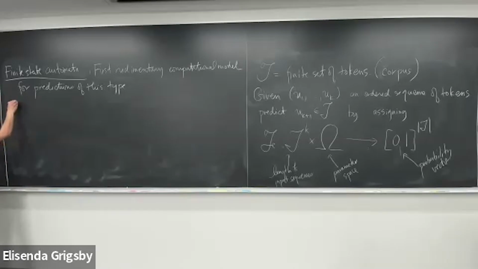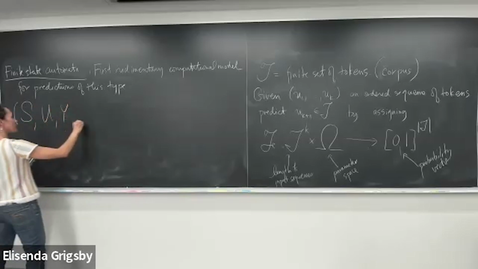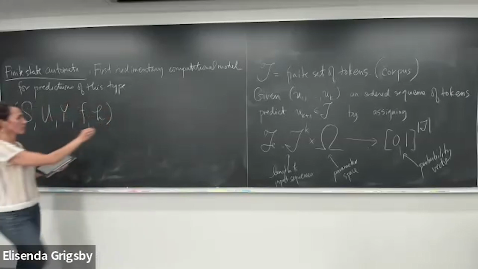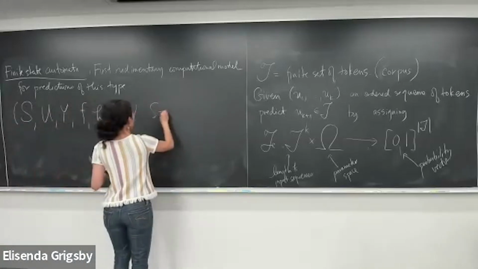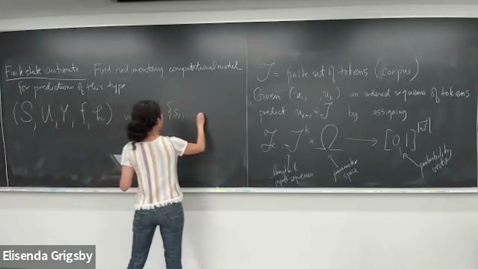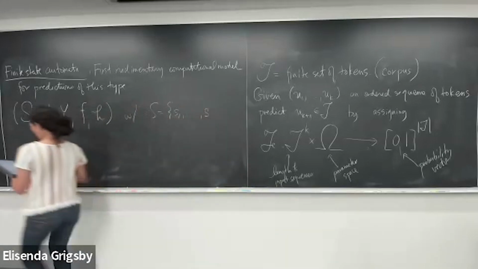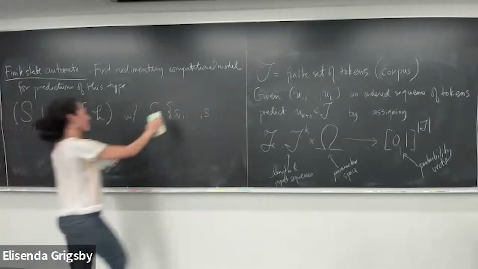So what is a finite state automaton? Well, it's very simple. It's a quintuple of states, updates, outputs, and two maps, F and H. So S is just a set of finitely many states. I'm borrowing notation from a particular paper, so I'm just going to match that.